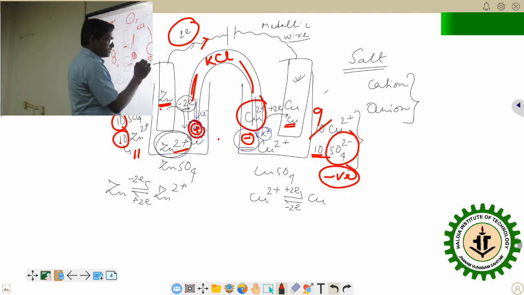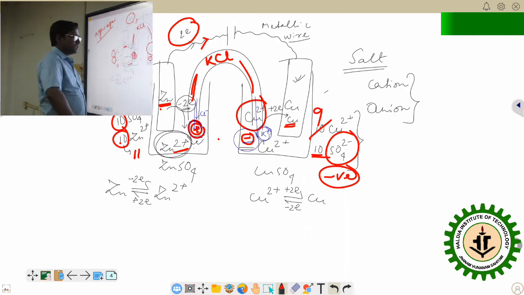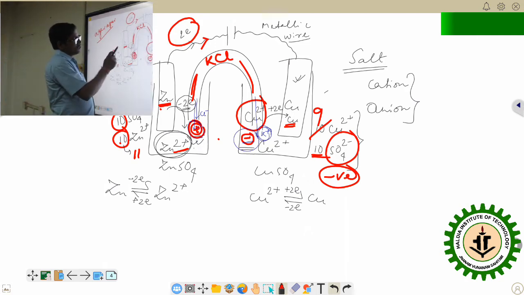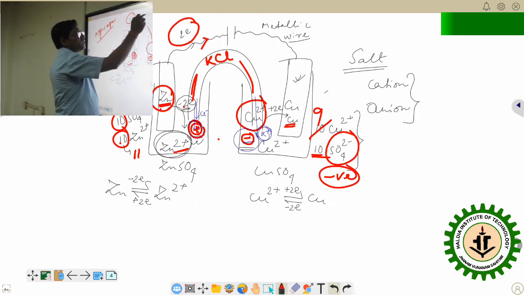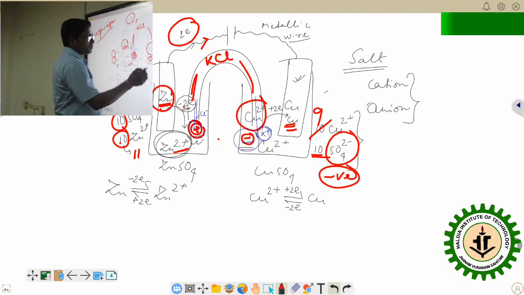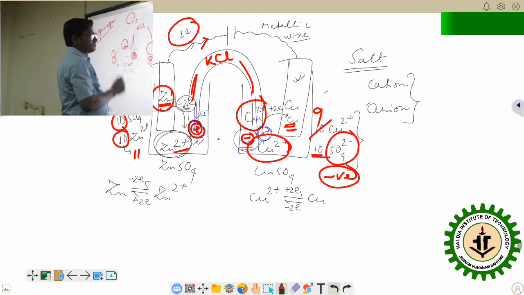When the other solution becomes negatively charged, there will be spontaneous flow of K+ into the solution, to make both solutions neutral. Once the solutions become neutral, there is no problem for further migration of another Zn2+ from the zinc rod by losing 2 electrons, and these 2 electrons again continue to flow and reach the surface of the copper rod, where Cu2+ from the solution is reduced by taking those 2 electrons, and this process continues.